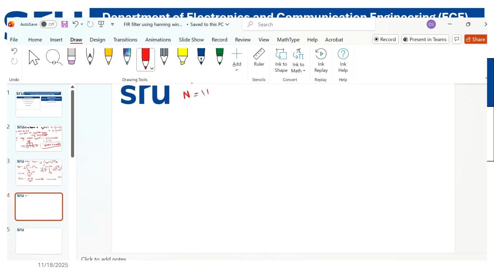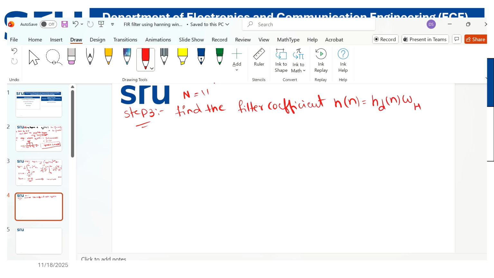Now, next, step number 3: find the filter coefficients. h of n is equal to hd of n into w_Hn of n, that is the Hanning window.